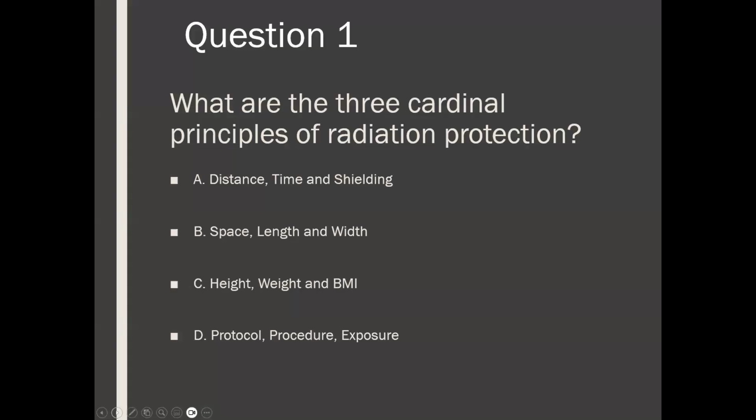All right, so let's review a little bit from last week. Question 1, and you guys remember how you put your answers in, Q1 and the number of the answer. What are the 3 cardinal principles of radiation protection? I know you guys know this. Very good. That's an easy question, wasn't it?